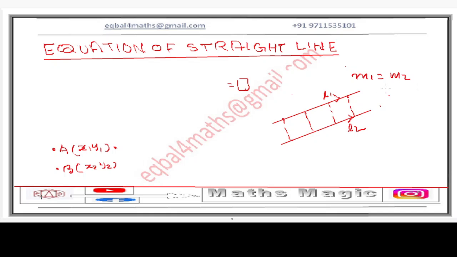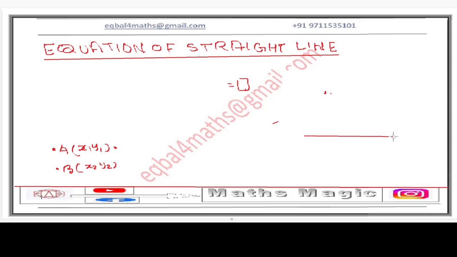Then we have another relation, which is called perpendicular lines. So what happens in perpendicular lines? Perpendicular lines are lines where one line makes a 90-degree angle with another line. Over here, let's say we have this line.